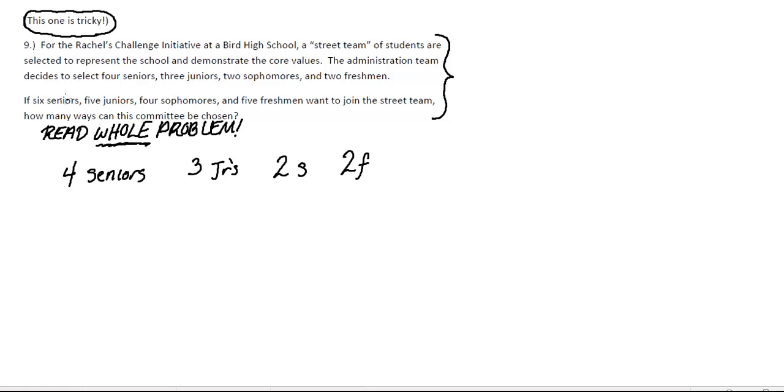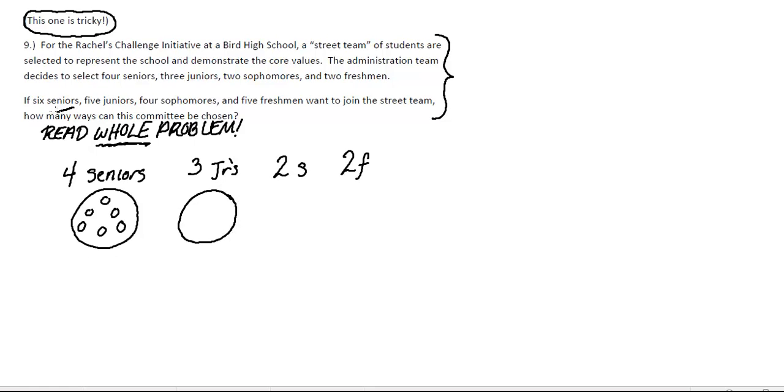Alright, now we have 6 seniors. So what's going to happen here is we have this pool of 6. And I really like drawing pictures here. So there's 6 seniors in there. I have 5 juniors.